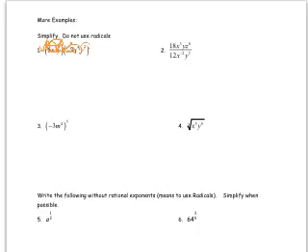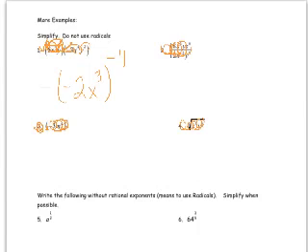So let's do negative, open parenthesis, negative 2x to the third, raised to the negative 4. So lots of negatives here. Any first ideas?